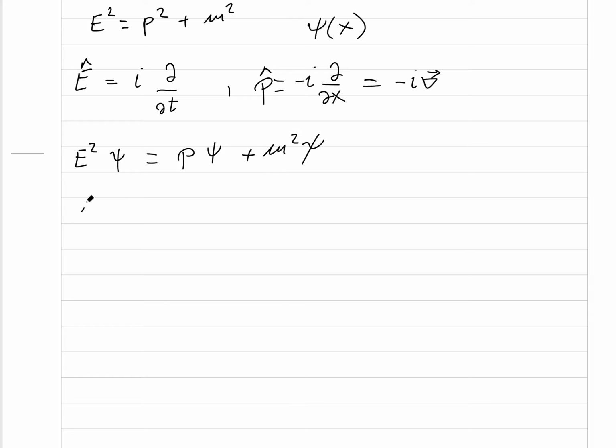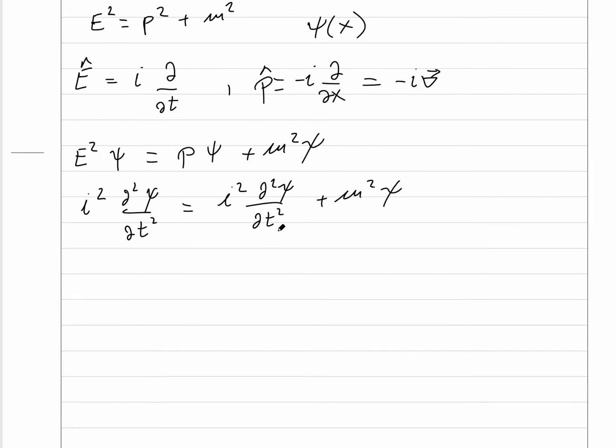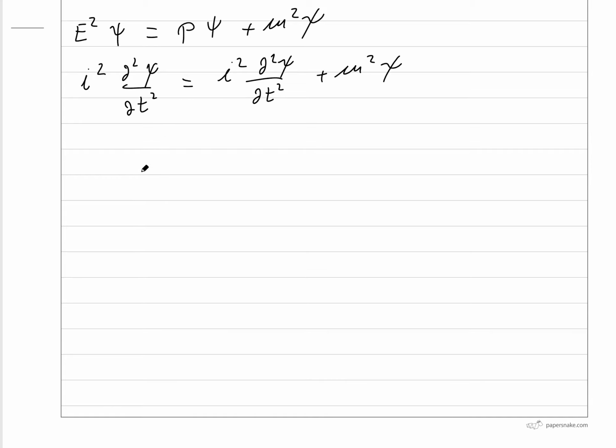And then we replace E and p by the operators, where i squared is minus 1, so we have minus partial squared psi partial of t squared on one side, and on the other side partial squared psi partial of x squared minus m squared psi, with the i squared eliminated.